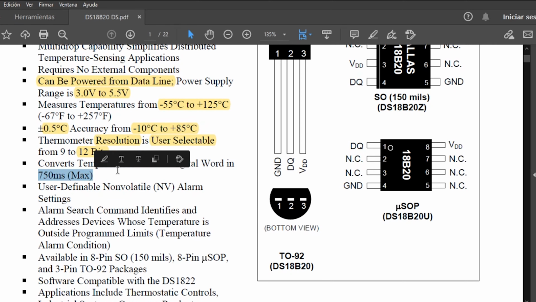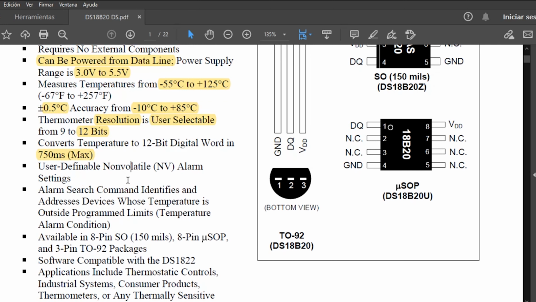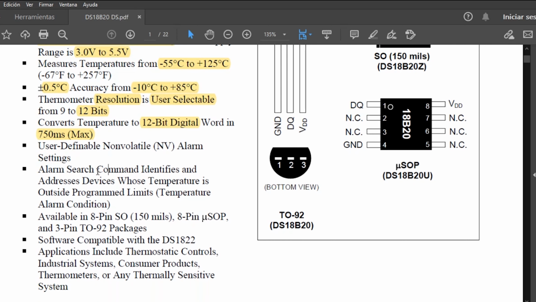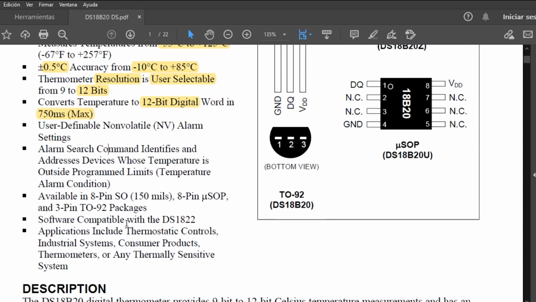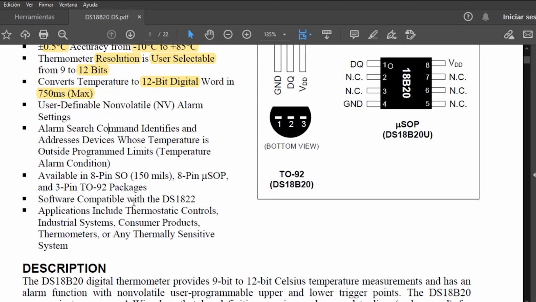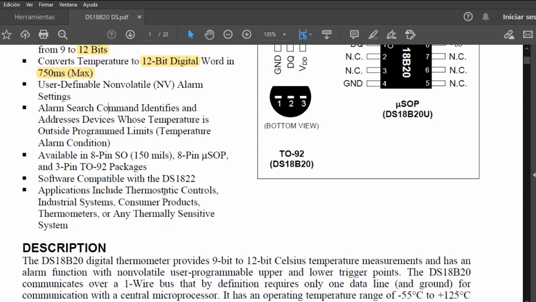This device can convert a 12-bit digital word in 750 milliseconds. It can be used in thermostatic controls, industrial systems, consumer products, thermometers, or any other thermally sensitive system.